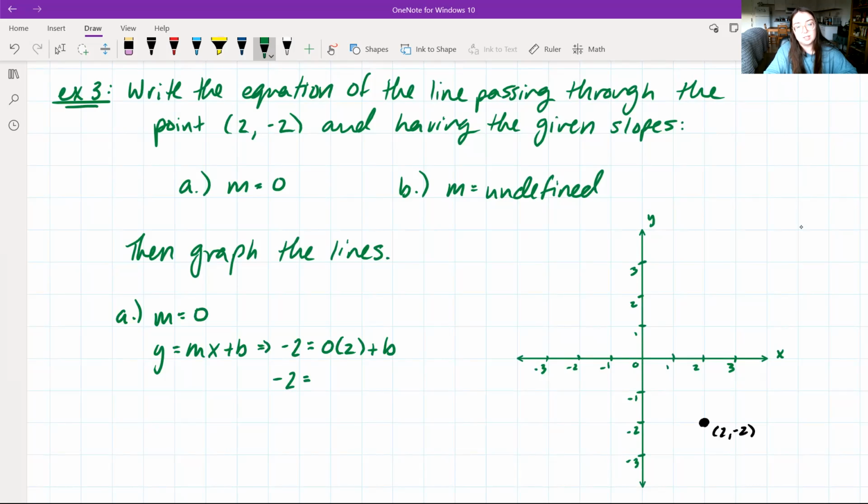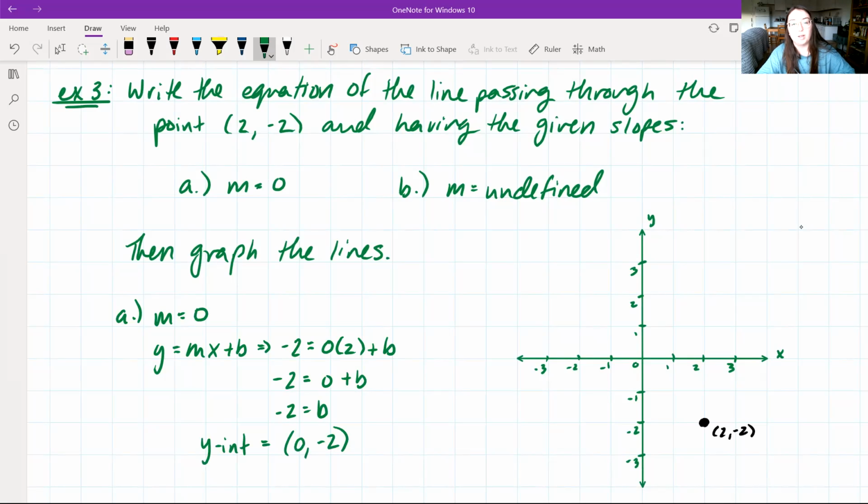So 0 times 2 is just going to be 0. So you have -2 equal to 0 plus b, and we have -2 is equal to b, which means that our y-intercept is at (0, -2).